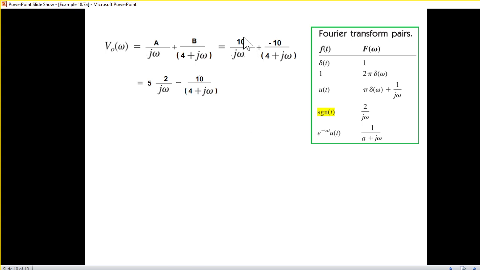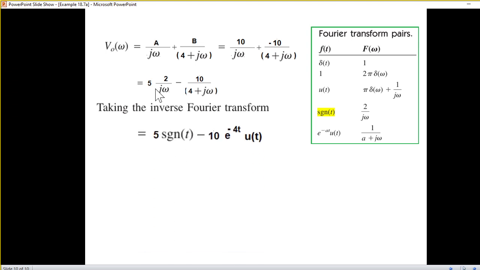Now, 10 over j omega, I'm writing it as 5 times 2 over j omega, because we have a formula for 2 over j omega going to signum t. That is why I have broken it down, and the second part remains as it is. Taking the inverse transform, this is 5 signum t in the time domain.